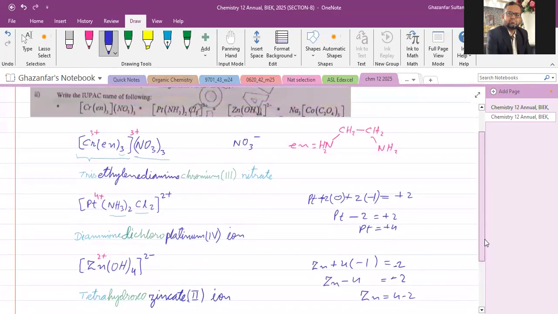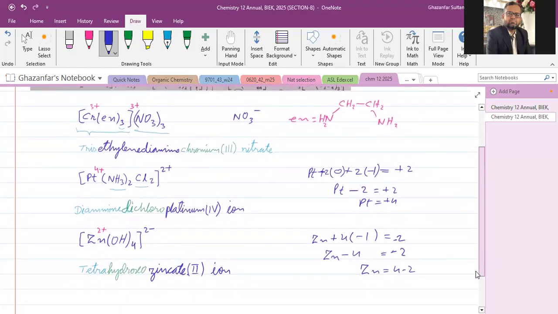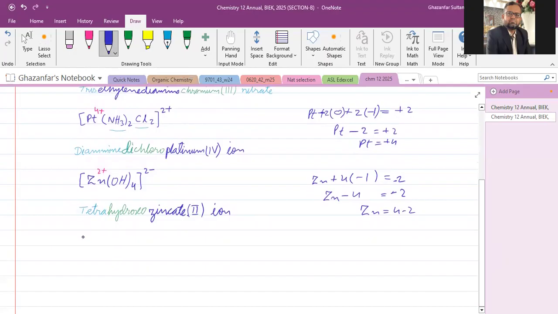Now the fourth one is Na3 Co C2O4 thrice. First is Na3, this is cobalt, and then C2O4 thrice. So actually, what is here?